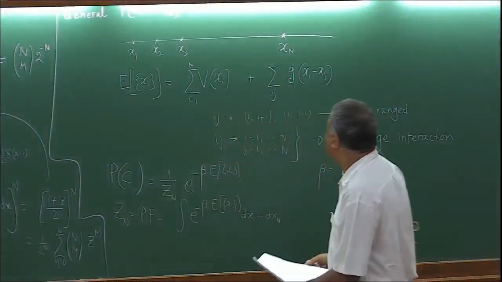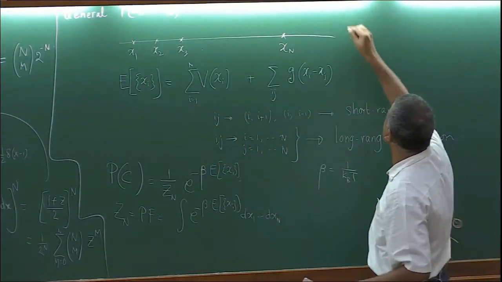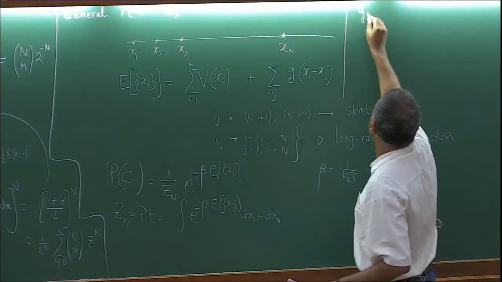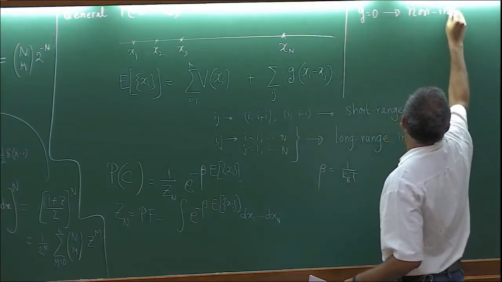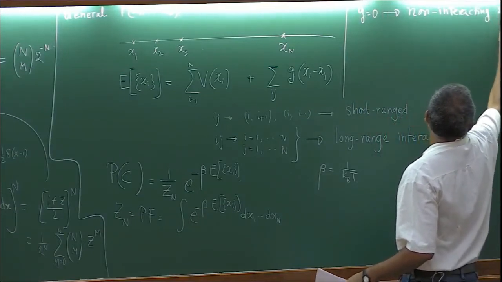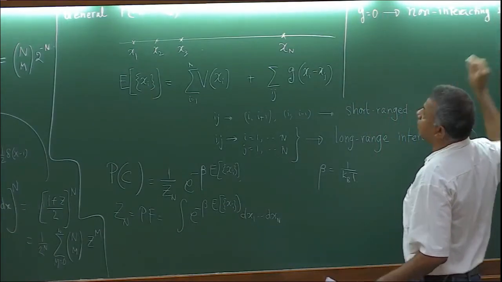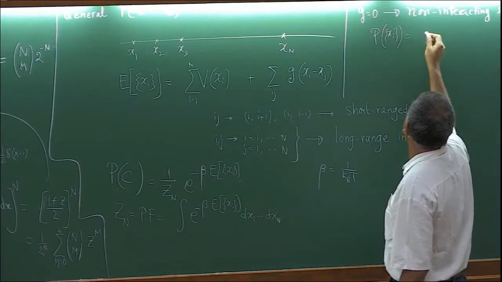And here, of course, if there is no interaction, if G is 0, it's a non-interacting system. In that case, the P of xi again factorizes.